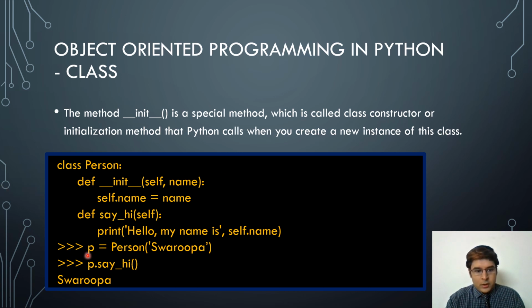So when you call p = Person(Swarupa), it will call this constructor with this additional argument name and initialize its property name to this passed variable here. And whenever we say p.say_hi, as in this example, it will print hello, my name is, and that name property. So it will print Swarupa here.